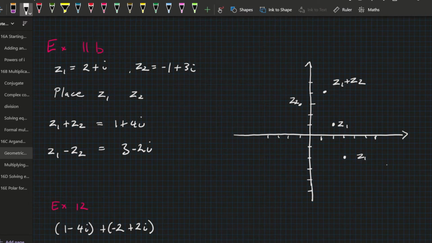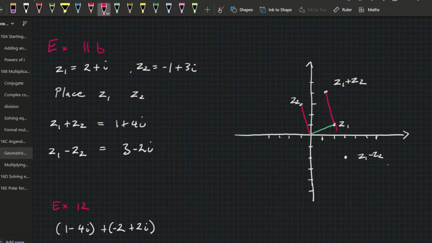That's Z1 minus Z2. Now, if I was to draw in vectors, you could see that adding the vector for Z2 to Z1 gets me to Z1 plus Z2. But similarly, if I drew that vector but going in the opposite direction, we get to the subtraction point. And while they haven't asked us to do one like this, I just want to show you 3 times Z1.